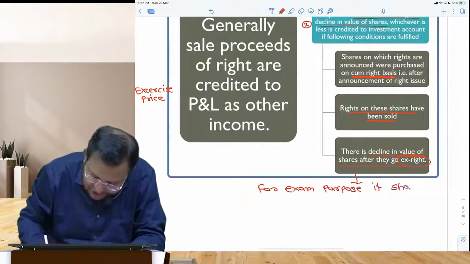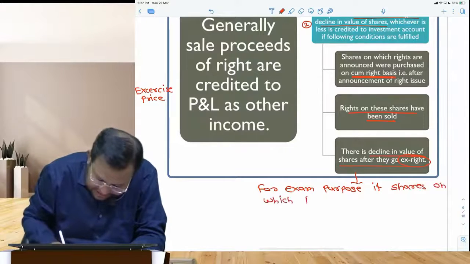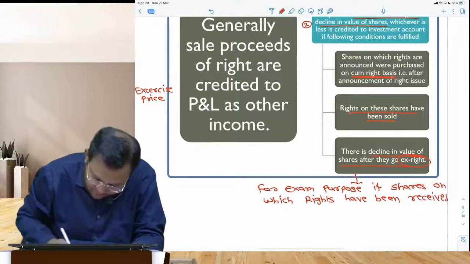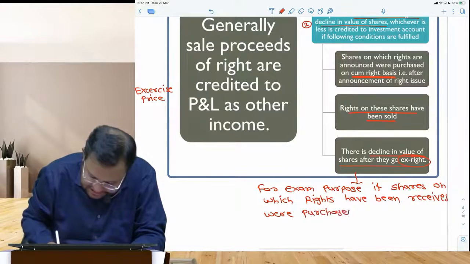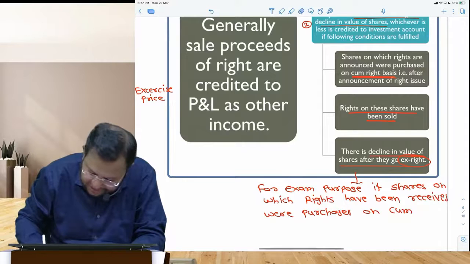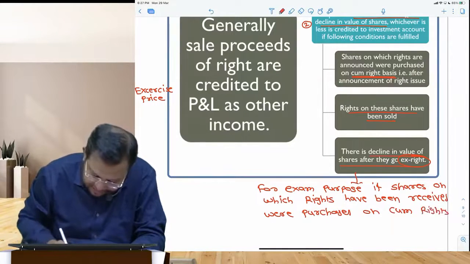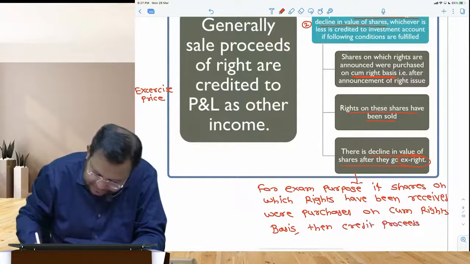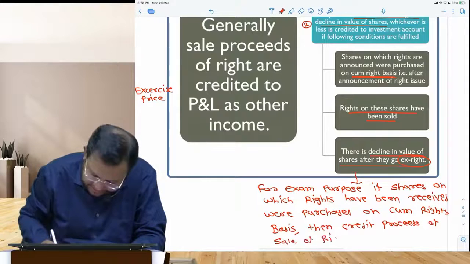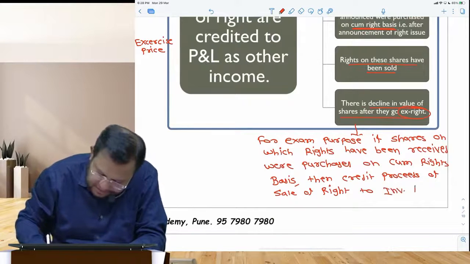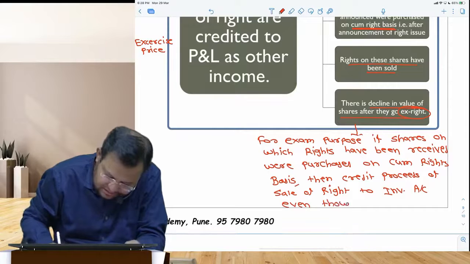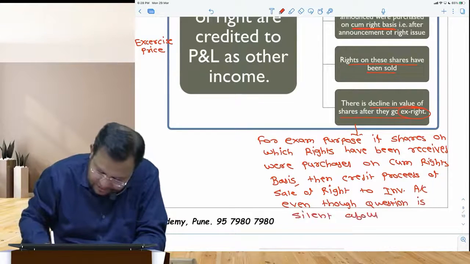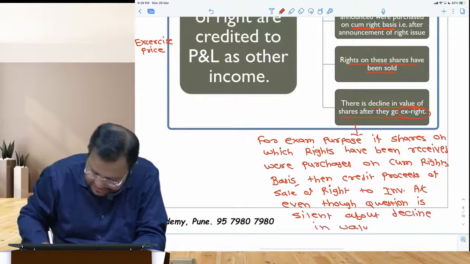So for exam purposes, if shares on which rights have been received were purchased on cum-right basis, cum-right meaning after announcement of the right issue, then credit proceeds of sale of right to investment account, even though the question is silent about decline in the value of investment.